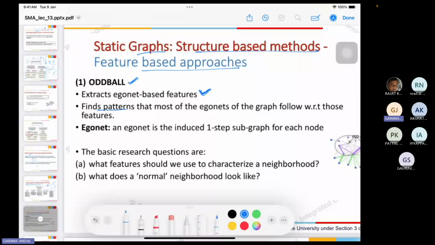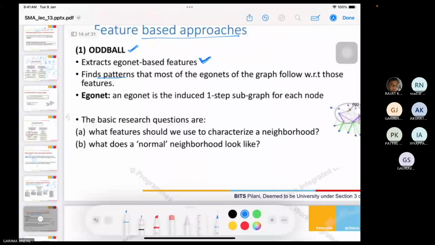They have done the research and various experimentation. I am not going to go into the detail of those experimentations, but based on them, they have extracted certain rules: if this particular pattern is there, then that is an anomalous behavior. We are going to see those rules in detail now.